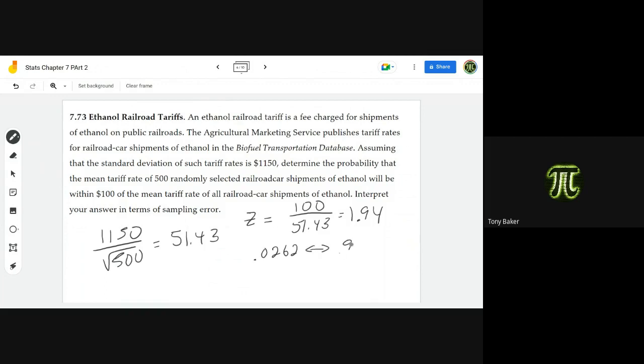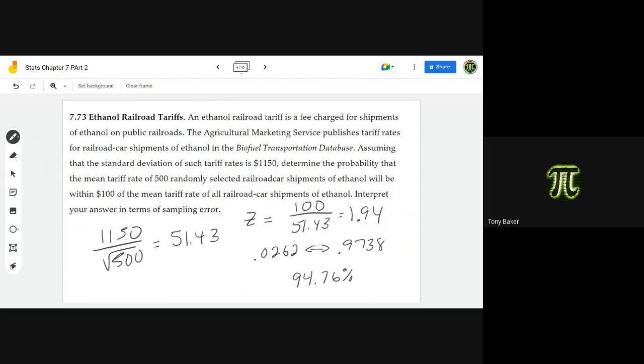Okay. So what do I got to do to those two? Subtract them, so that gives me a percentage of 94.76. All right, so that's the percentage that's inside. So there's a 94.76% chance that it's within $100.